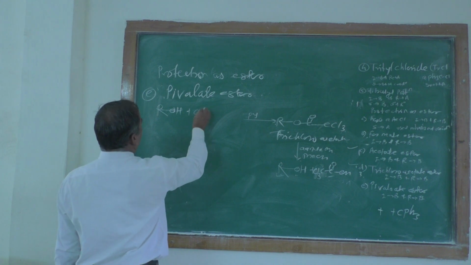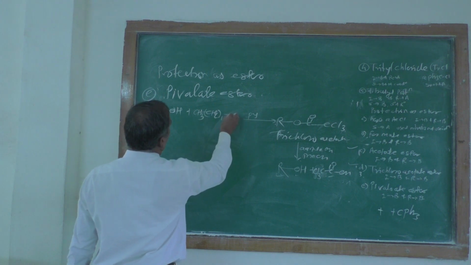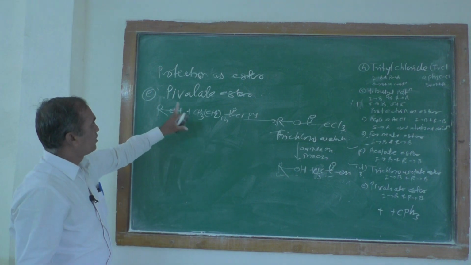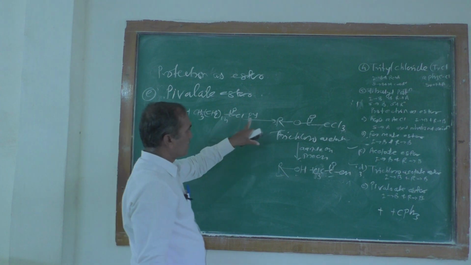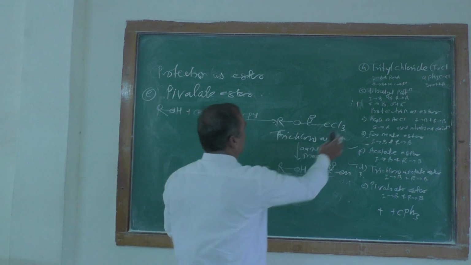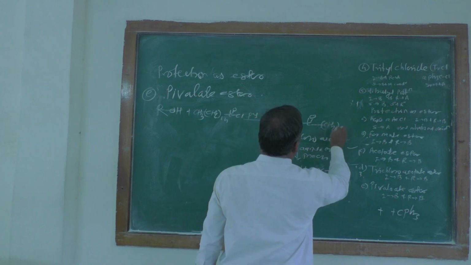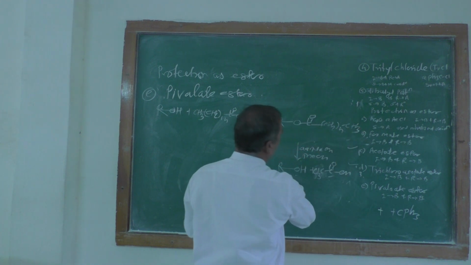Here CH3, then CH2 14 times, then C double bond O Cl. So that is the structure of the acyl chloride, and that treated with pyridine, the resulting compound obtained is this one, CH2 14 times CH3, that is called a pivalate ester.